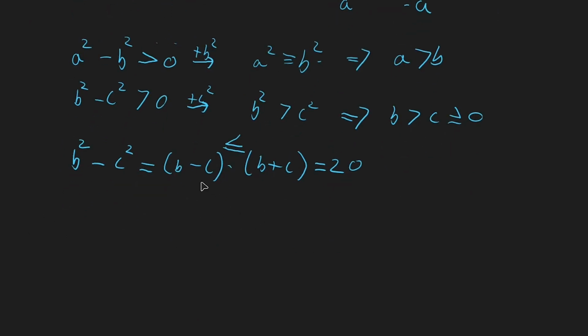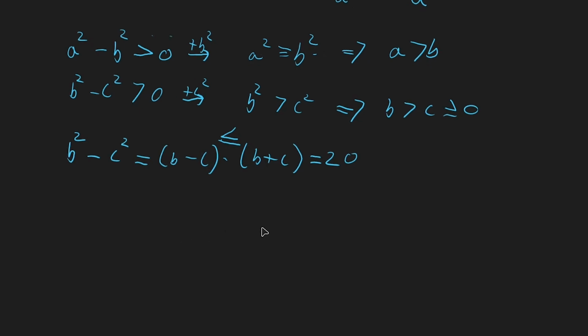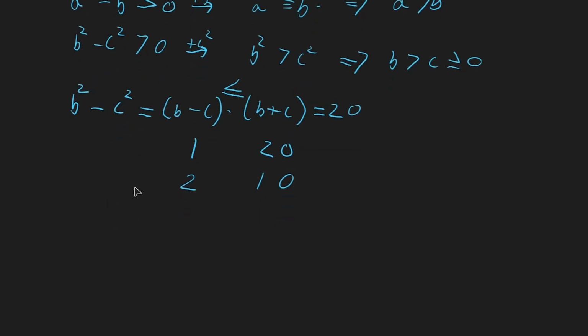So we have to figure out which numbers we multiply together to get 20. And remember, we have integer solutions, so the parentheses will be integers as well. If we first assume that this is 1, then this must be 20. If this is 2, then this must be 10.